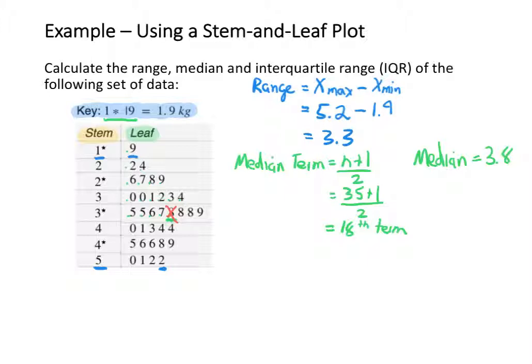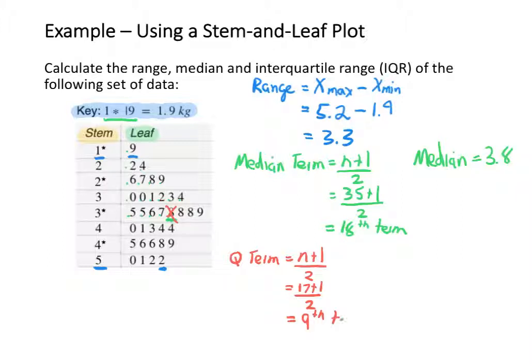I can use that information now to work out where my quartile 1 and quartile 3 terms are going to be. So quartile term is equal to n plus 1 divided by 2, which is equal to 17 plus 1 divided by 2. 17 plus 1 is 18, divided by 2 is 9.